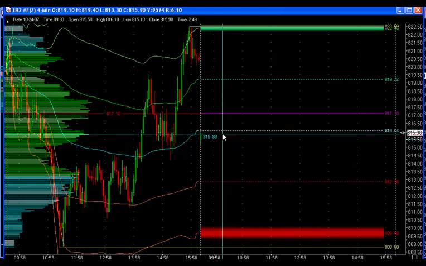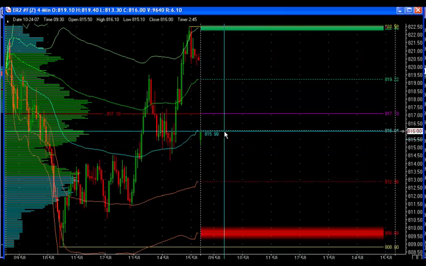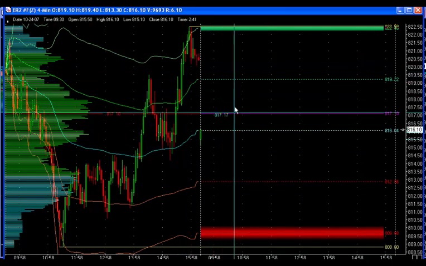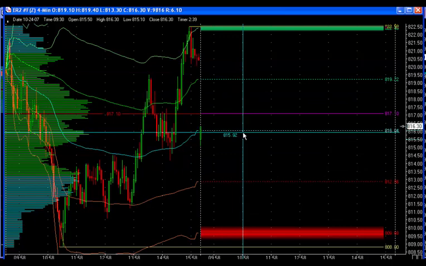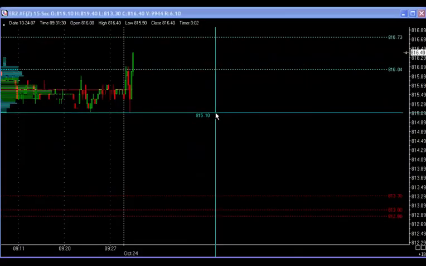Here you can see the 816.04 volume weighted average price, and this is yesterday's data. And that number is transferred to the 15-second chart.